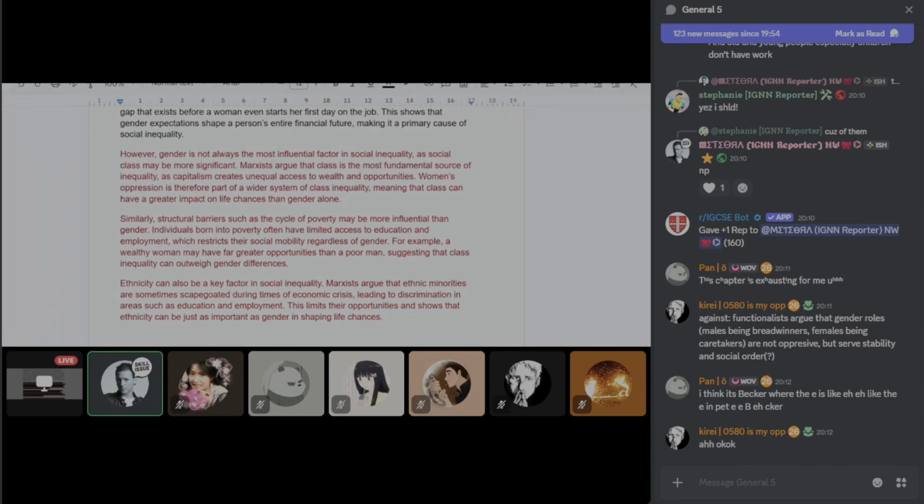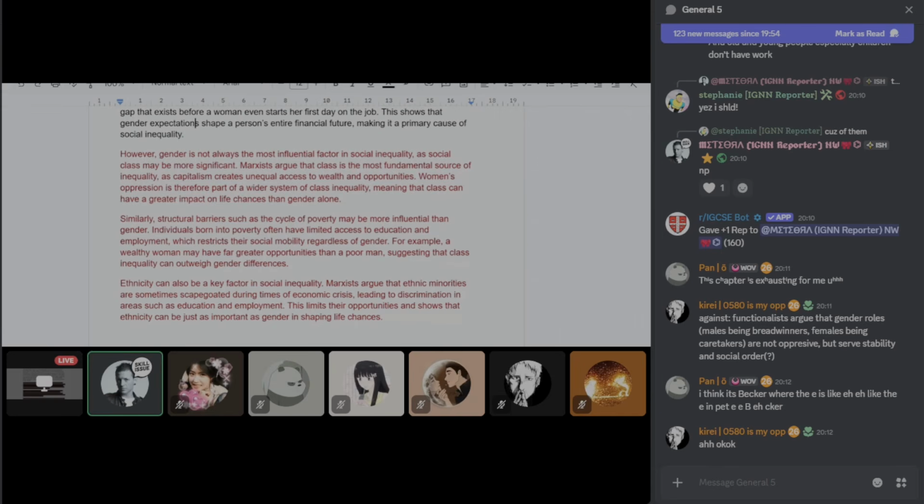For example, wealthy women may have far greater opportunities than a poor man, suggesting that class inequality can outweigh gender differences. So now we're discussing poverty, and I forgot to mention it, but over here, underclass can also be mentioned.